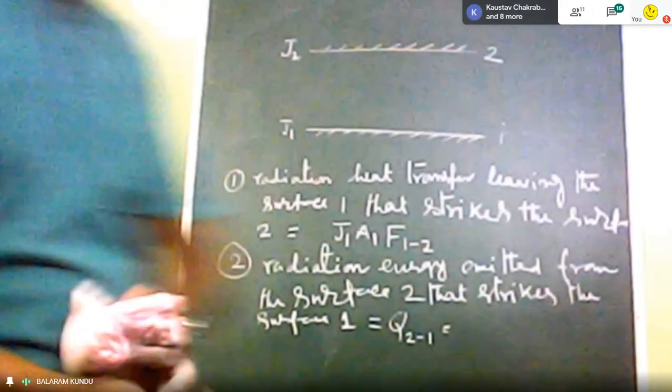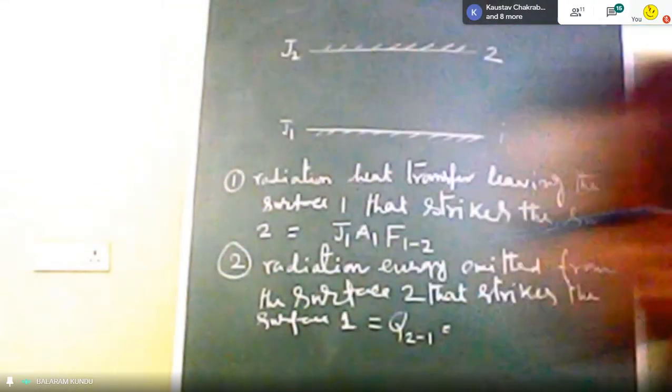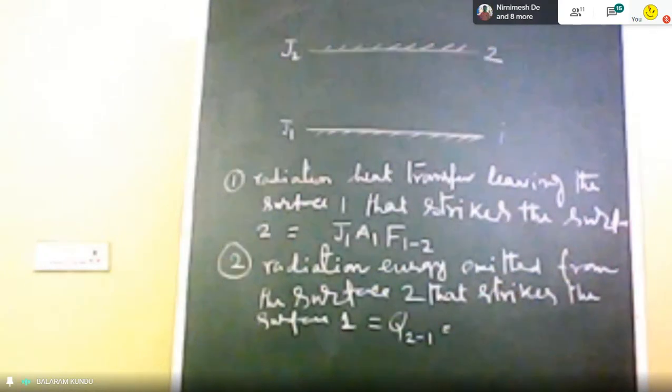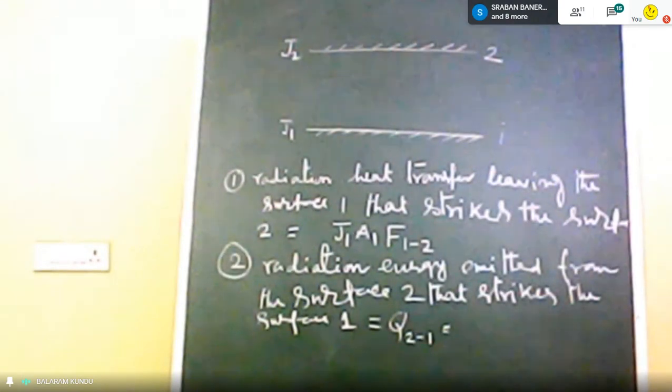So two things are there. The radiation energy emitted from surface 2 that strikes surface 1 is denoted by capital Q suffix 2 to 1, and the radiation energy emitted from surface 1 that strikes surface 2 is Q1 2, equal to A1 J1 F of 1 2.